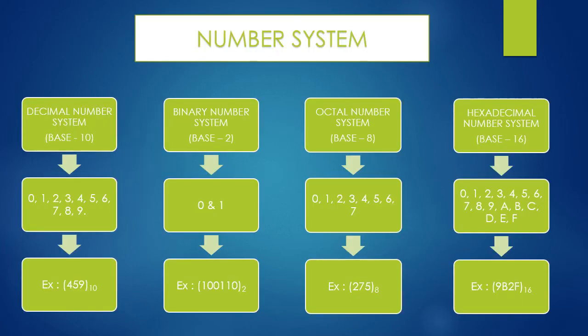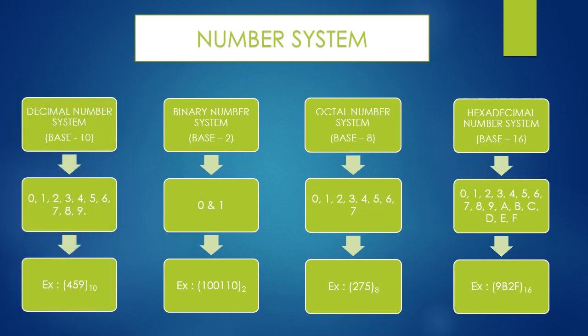Now we'll see all the number systems together at a glance. Now, the first number system that we discussed was decimal number system. It includes digits from 0 to 9. Since there are 10 digits in decimal number system, the base is 10. It is represented by writing the numbers inside the brackets with subscript 10.